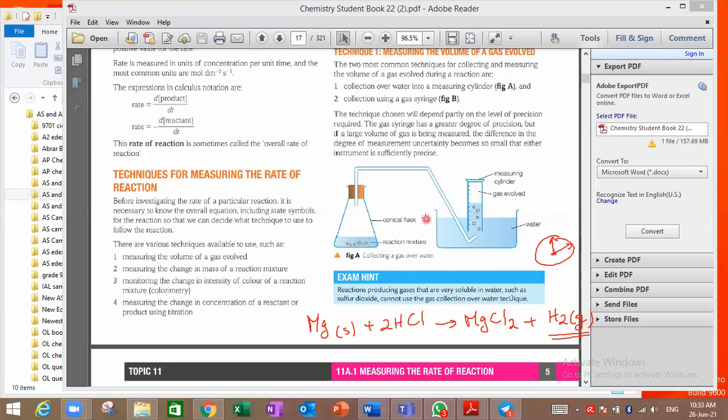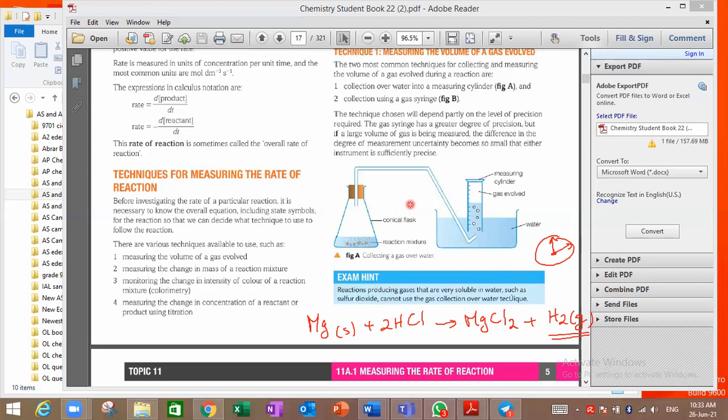Of course, if we want to use this method, the gas produced here should be insoluble in water, because some gases, for example, if we have hydrogen chloride gas, chlorine gas, or carbon dioxide gas, even carbon dioxide is slightly soluble in water. So if we have any gas produced that is soluble in water, we will not be able to use this method to calculate the rate of such a reaction.